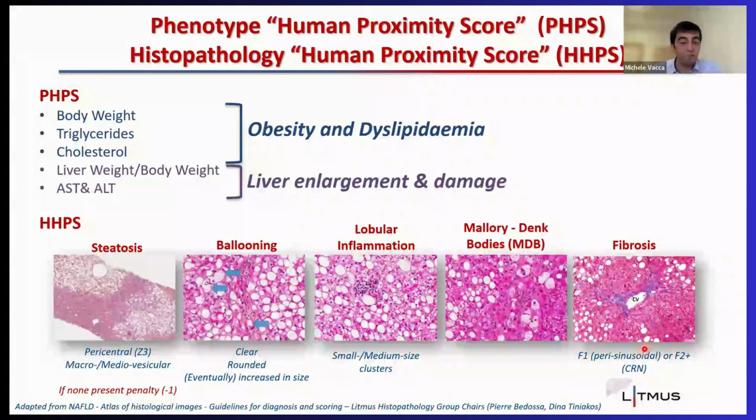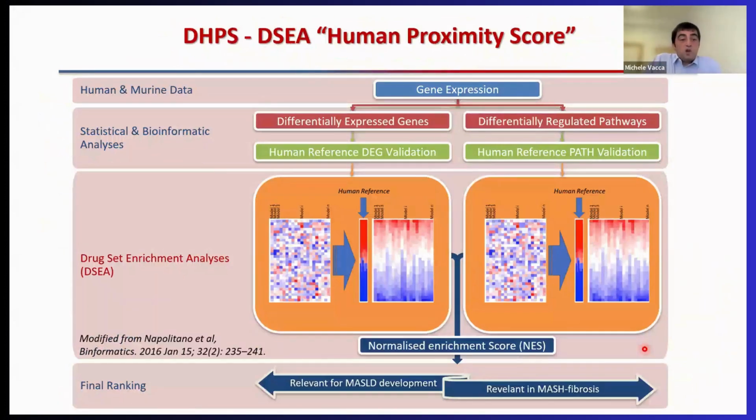In terms of gene expression, we started with the canonical approaches like differentially expressed genes and differentially regulated pathways. And then we used a recently developed tool named drug set enrichment analysis that is able to compare different data sets and rank them on the basis of proximity to a specific reference, that in our case is represented by human data, by generating a normalized enrichment score.